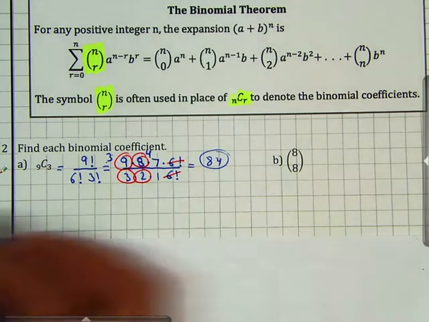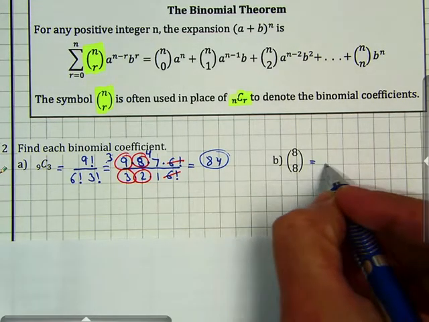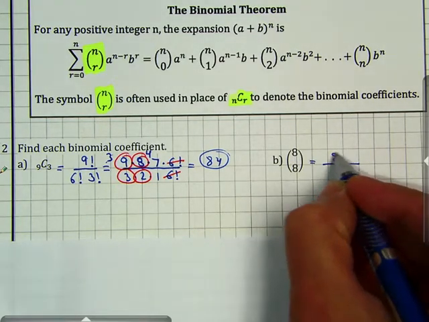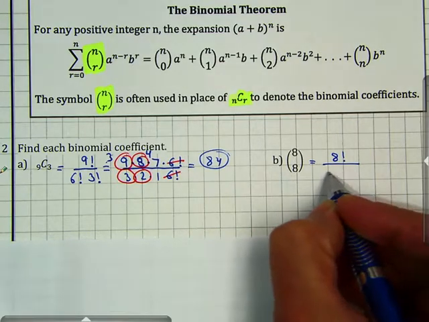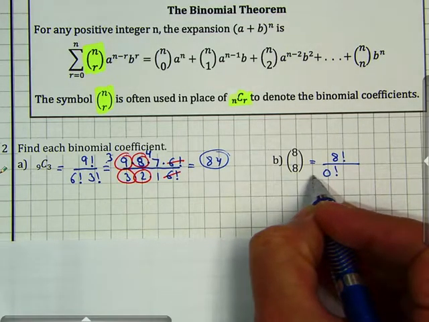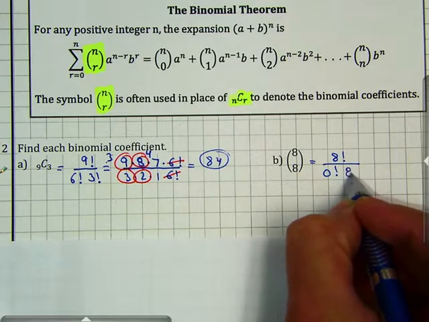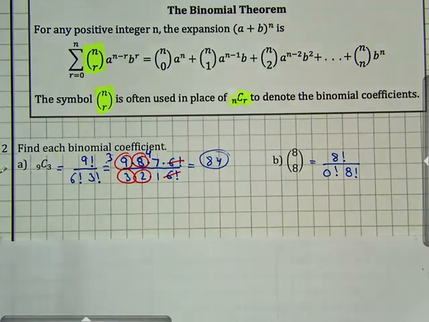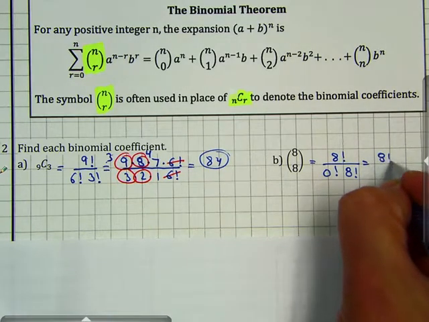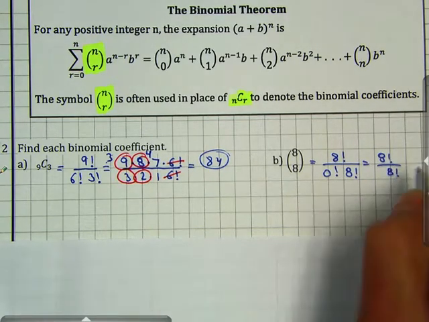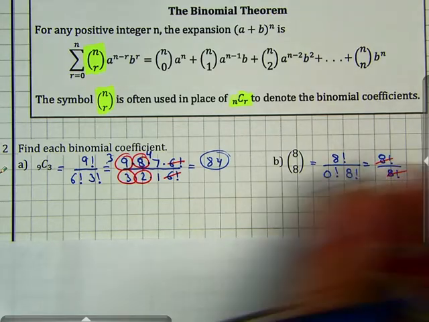For letter B, it's the same process, so it'll be 8 factorial over 8 minus 8, which is 0 factorial, and 8 factorial repeats. When I rewrite it, it's a factorial over a factorial. That cancels out.